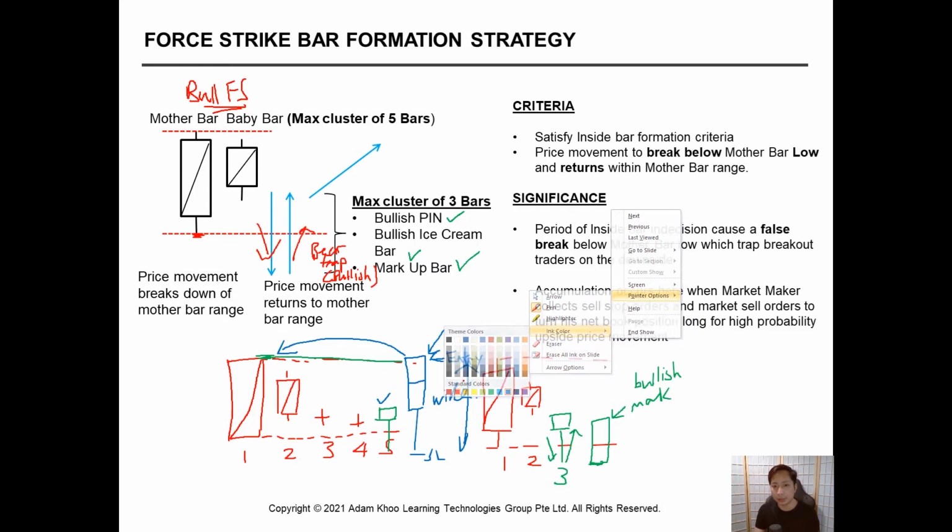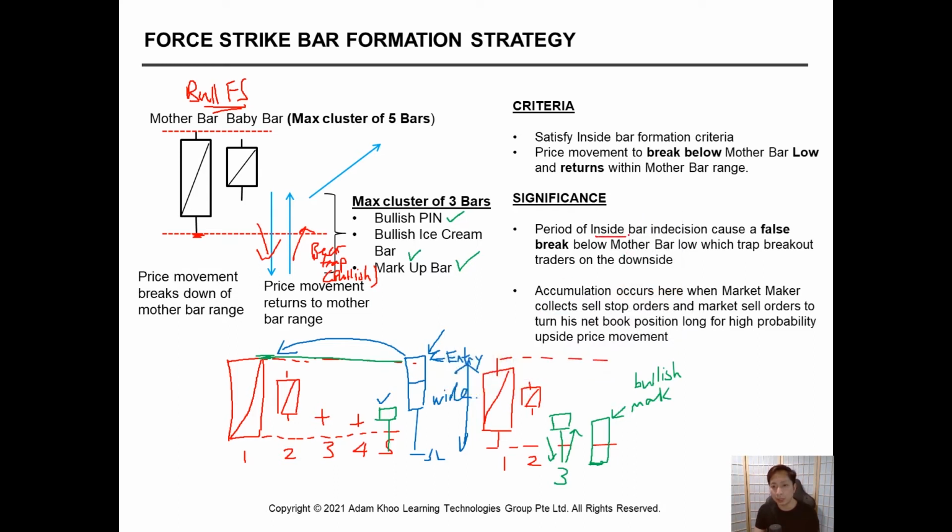So the significance is, as I already mentioned, that the inside bar shows a period of indecision that causes a false break of the lows of the mother bar. The return, the rejection of the mother bar low, is actually a bear trap, which is bullish to traders.